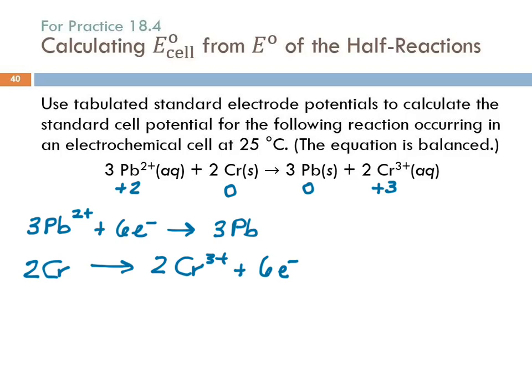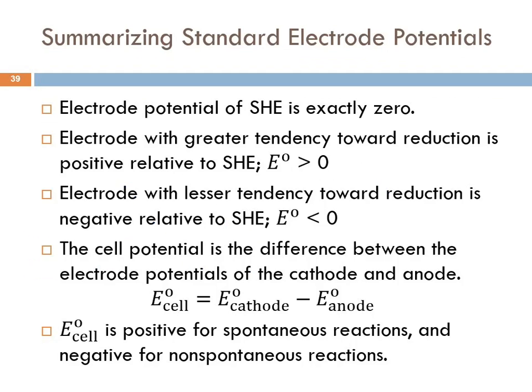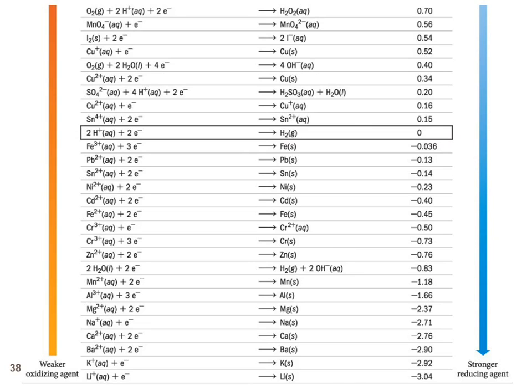So now we go to the table in the book, and we find these. Actually, I think I can do this and still make it back. Here's lead 2+ going to lead solid, and that's minus 0.13.